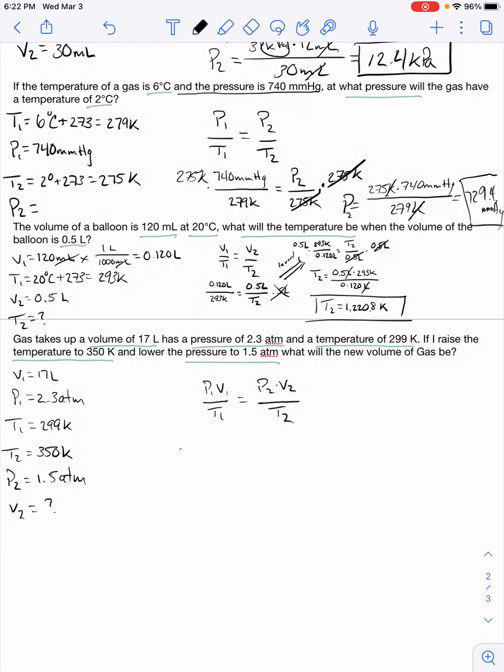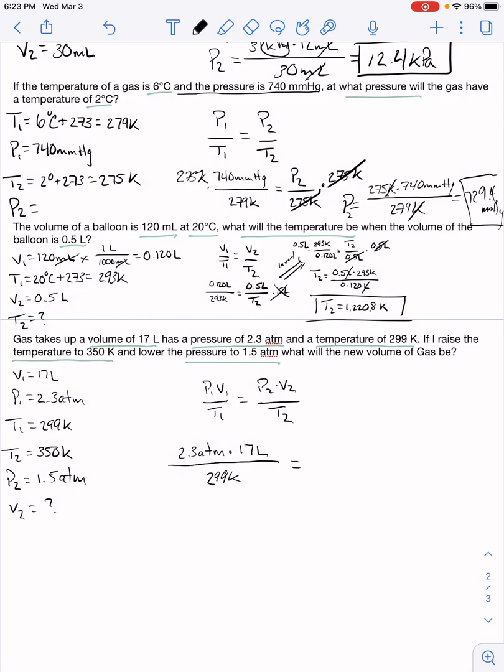So we're going to plug in 2.3 atmospheres times volume, 17 liters, divided by my temperature, 299 Kelvin.